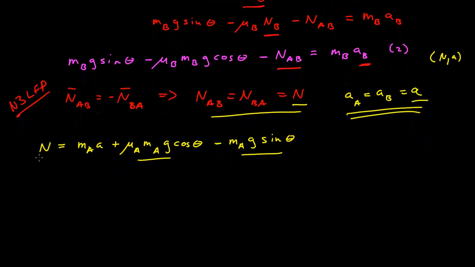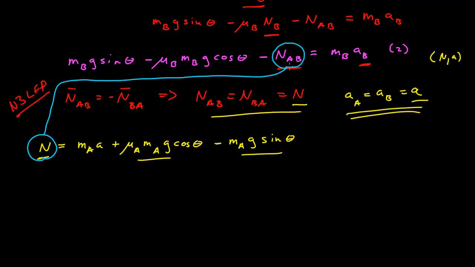Okay, so now that I have this solved for the normal force, I can substitute it into here, and all I should have left is the acceleration, and I can solve for the acceleration. So what does this equation now look like with this substituted in for n?